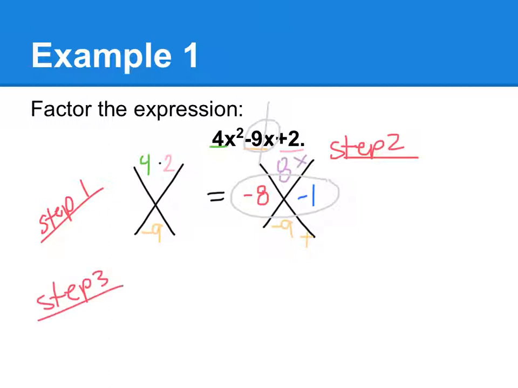This is the cool part. Let's rewrite the middle: 4x squared minus 8x minus 1x plus 2. Now take a second and look at that and see if you can figure out how and why I did that.